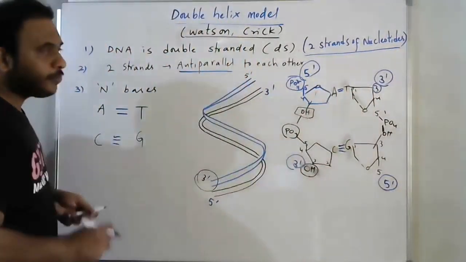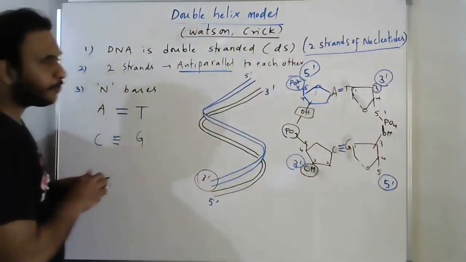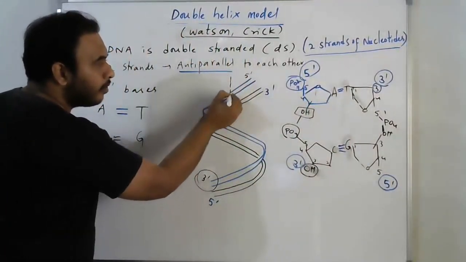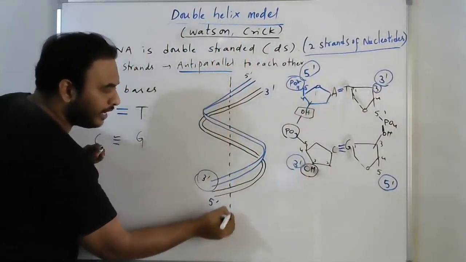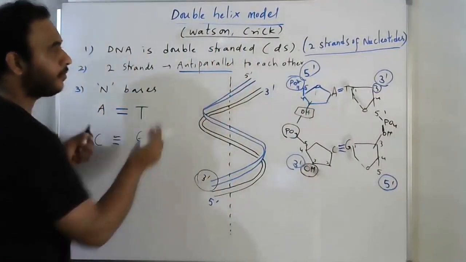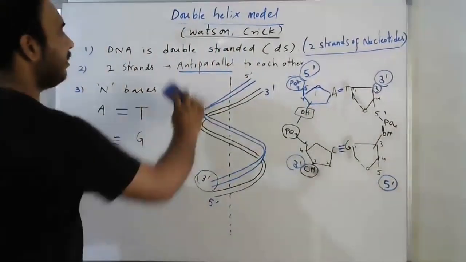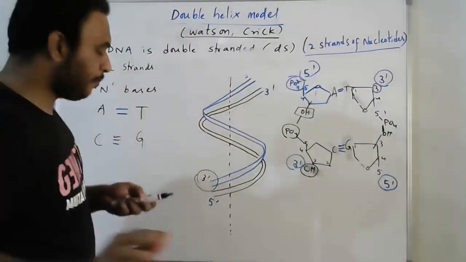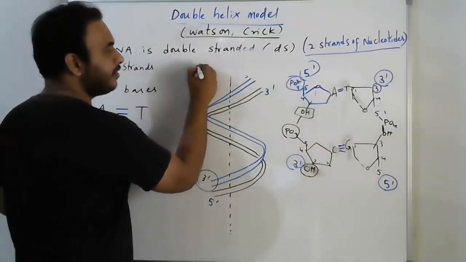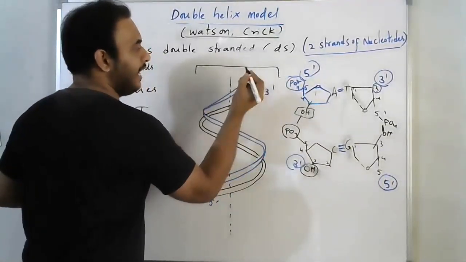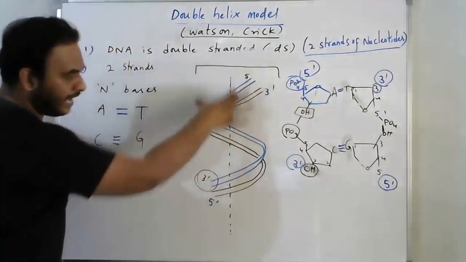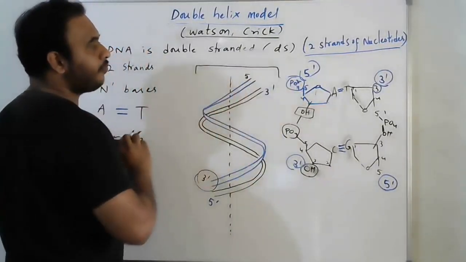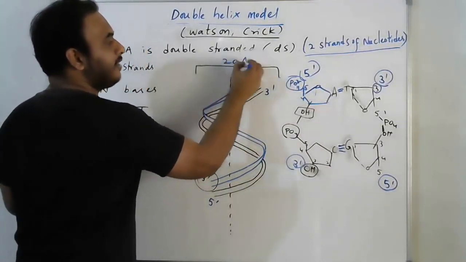And coming to the next point, if you draw an imaginary line here, we can understand that there is a particular diameter for this DNA helix. Let's say this is one helix, and the diameter of the helix is 20 angstroms.